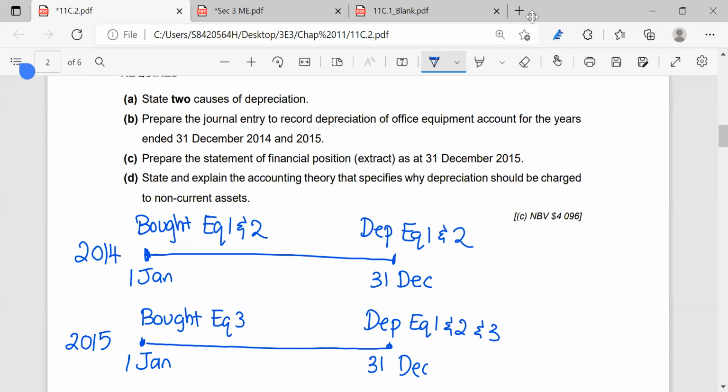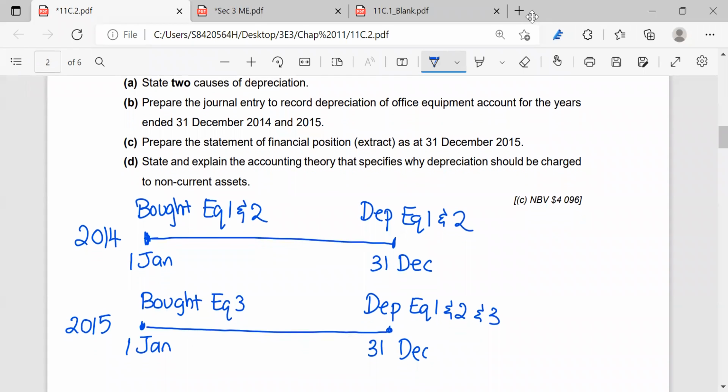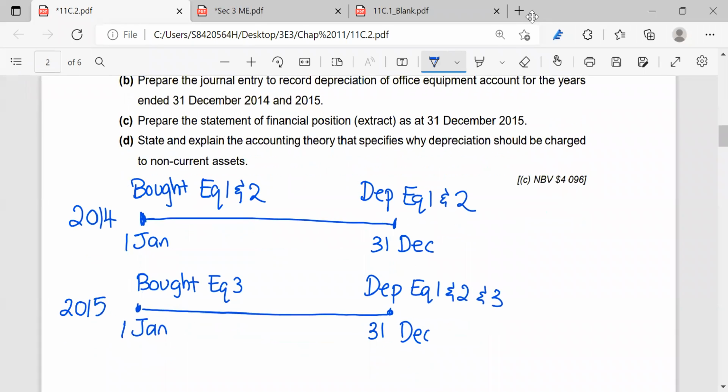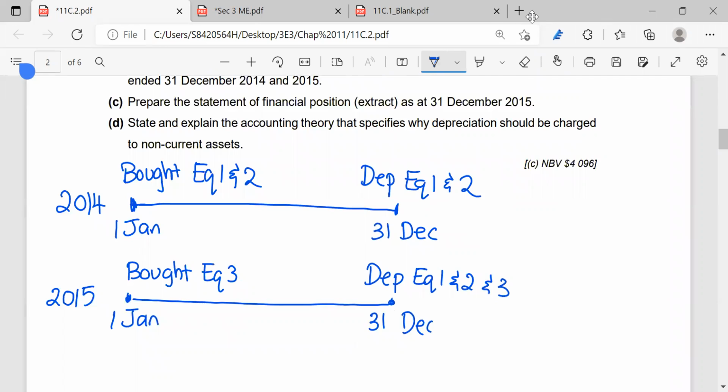So whenever you keep buying more, you need to depreciate more. So just copy down the timeline.